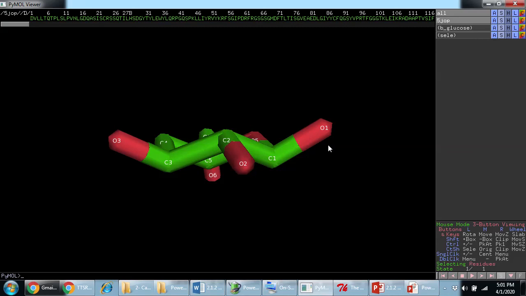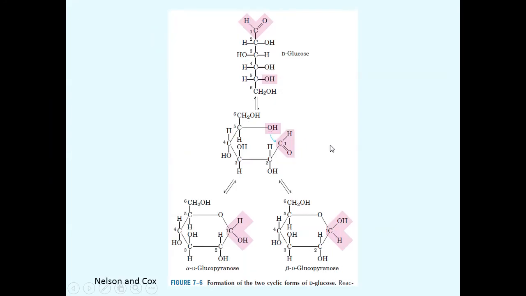If this hydroxyl projects below the plane of the ring, it is the alpha form. These two alternate forms are called anomers. Their molecular mass and formula are the same, but their structure is different. The carbon containing this hydroxyl group is called the anomeric carbon.